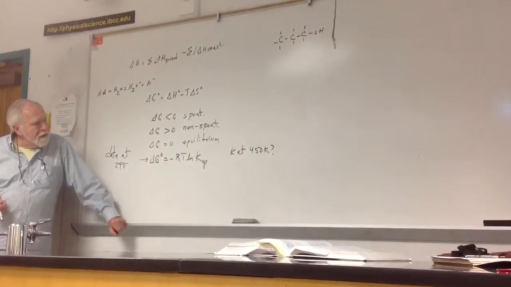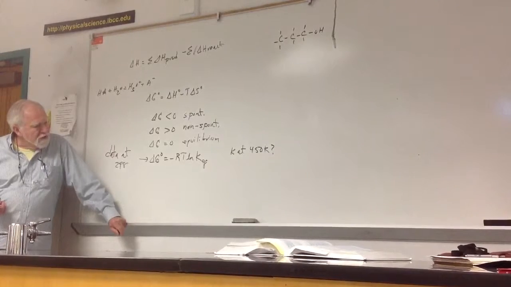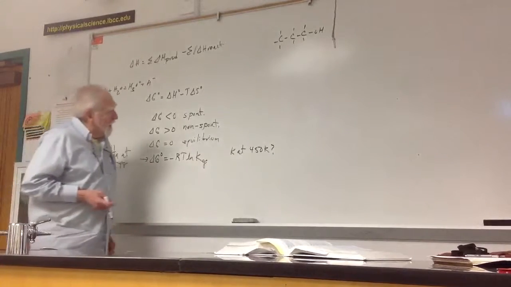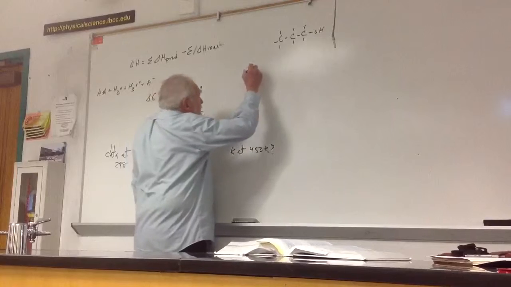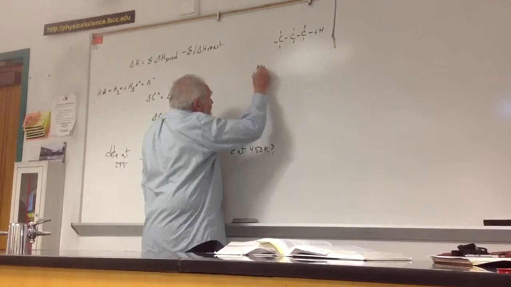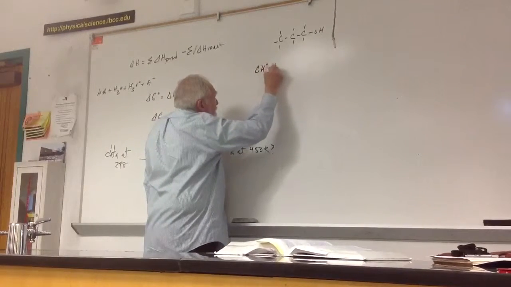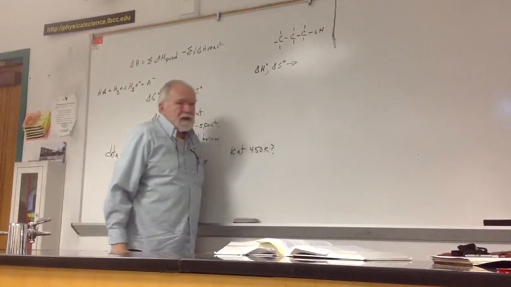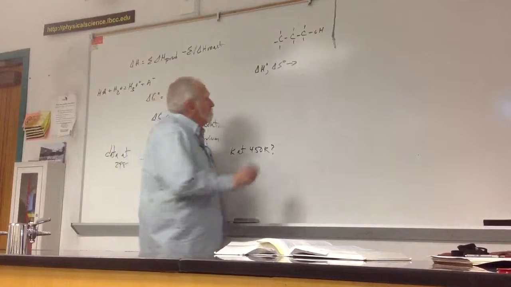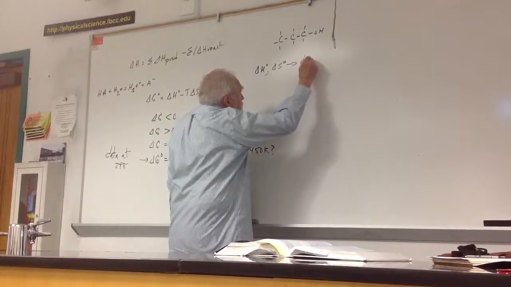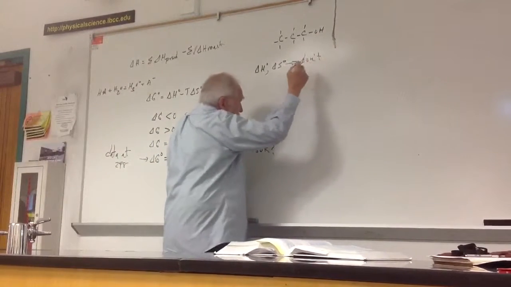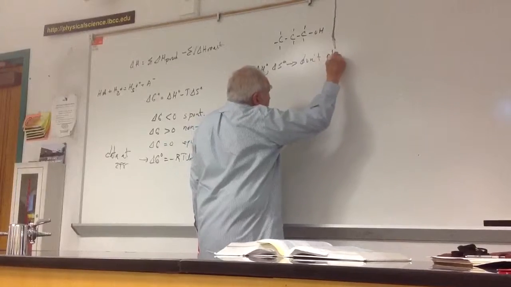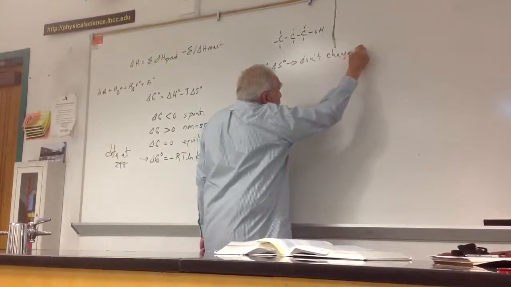But we're going to make an assumption here that allows us to do that, and that is the fact that delta H and delta S don't change much as you change the temperature. They do, but not by much. So we ignore it.